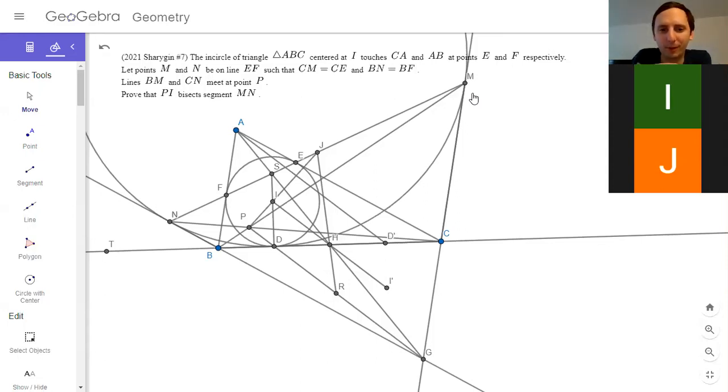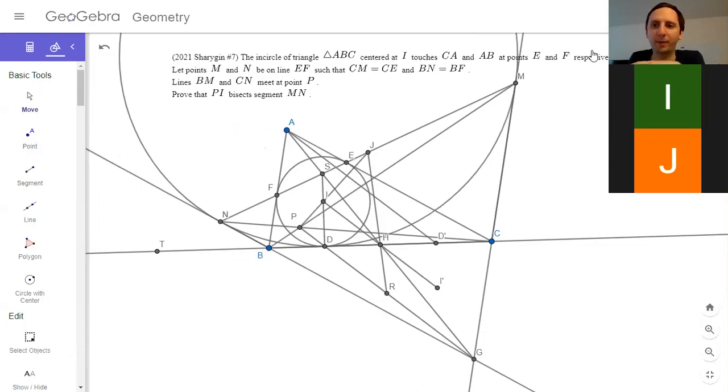So R was the midpoint of GP, and we can redefine J to be the midpoint of MN. So by the Gauss line, R, H, and J are collinear. We also know G, I prime, and J are collinear. And we can prove that those are parallel. Okay, I think that's the simplest solution.